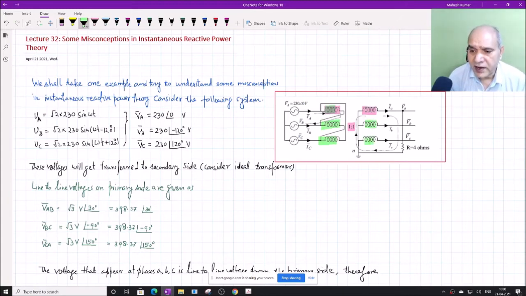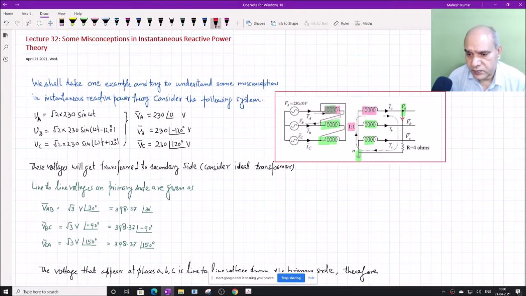At the secondary, a load of 4 ohm resistance is connected between point a and the ground. So the current flows only in phase a, and it starts from this point and follows the path shown by the dashed line.